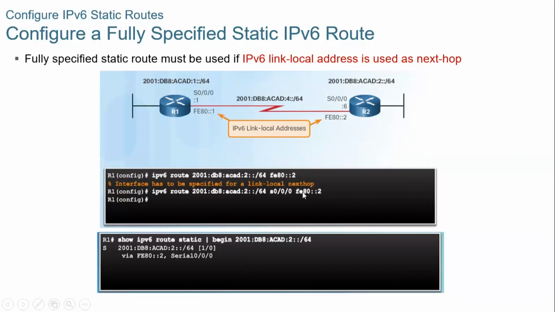So basically, if you're using the link local address, you have to state the exit interface as well. So in IP version 6, a fully specified static route must be used if an IP version 6 link local address is used as next hop. So what does fully specified mean? You have the exit interface and you have the next hop IP address.